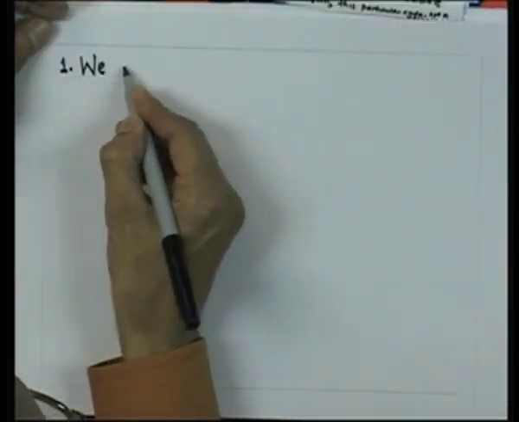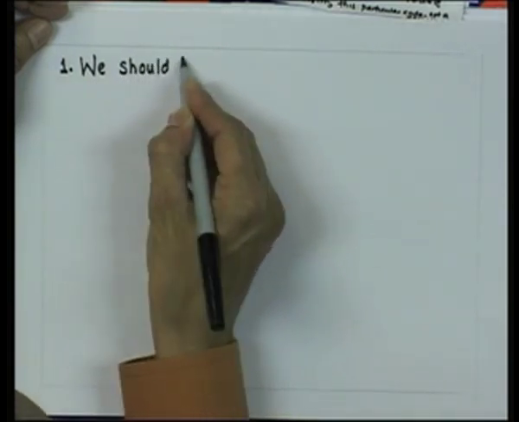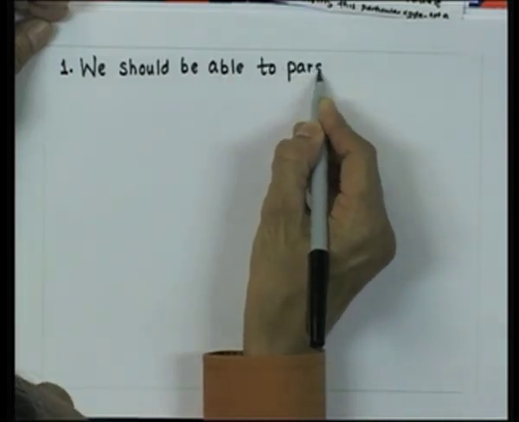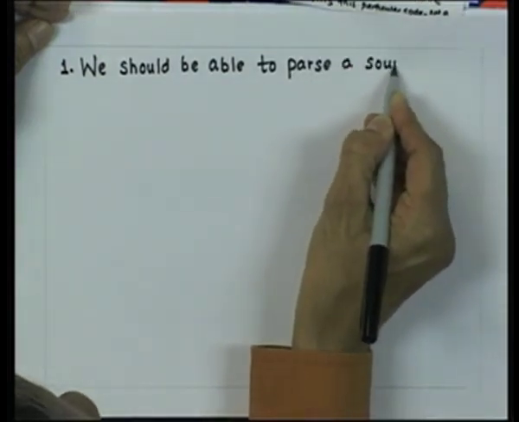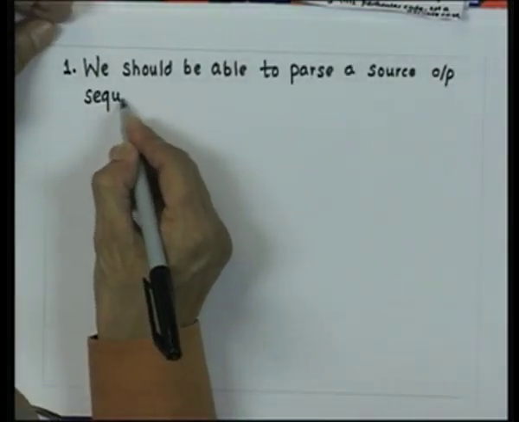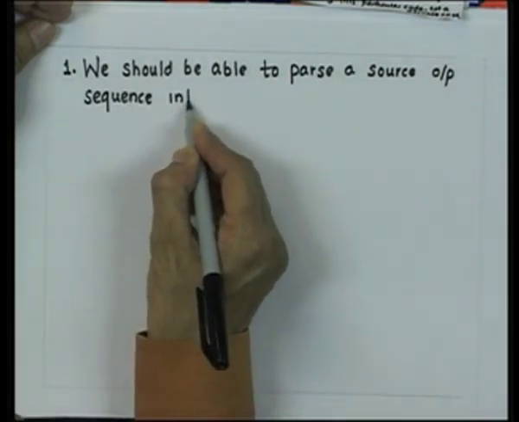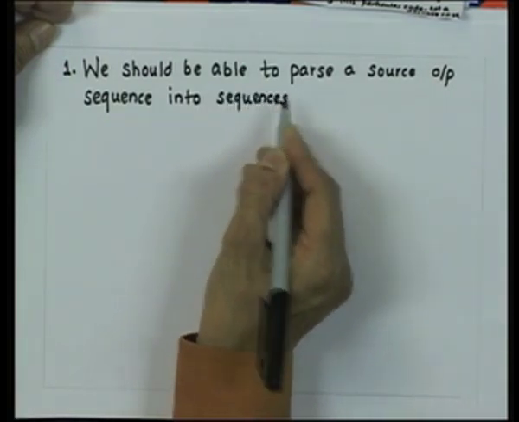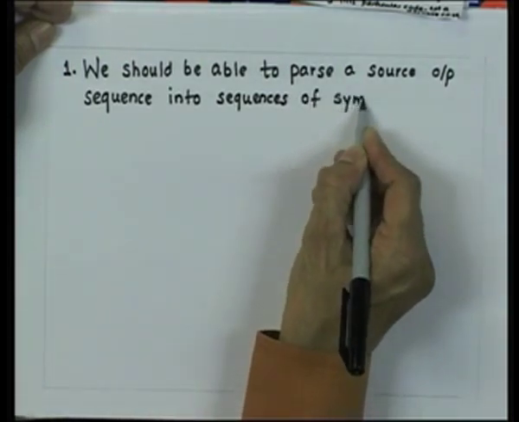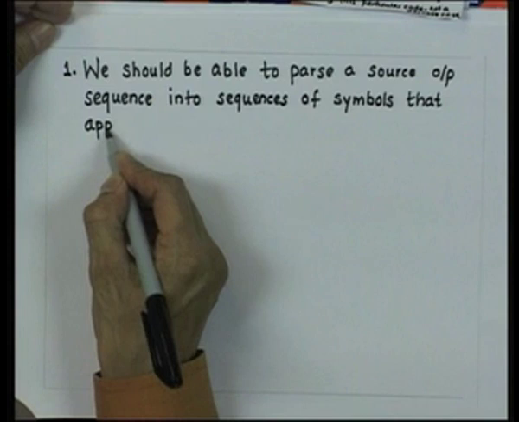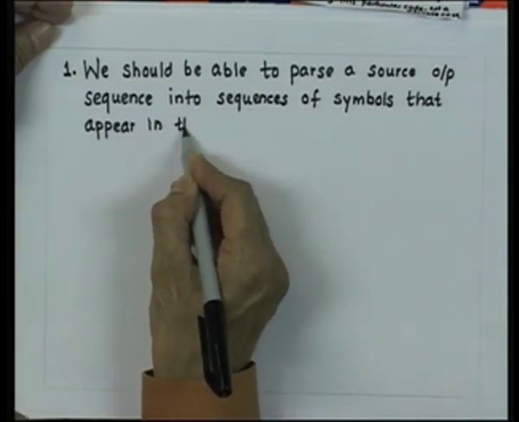The first condition which it should satisfy is, we should be able to parse a source output sequence into subsequences of symbols that appear in the code book.